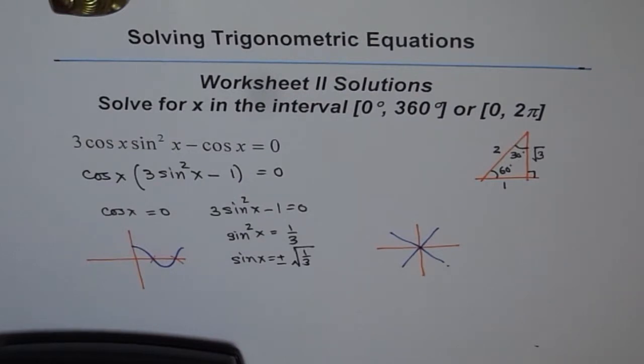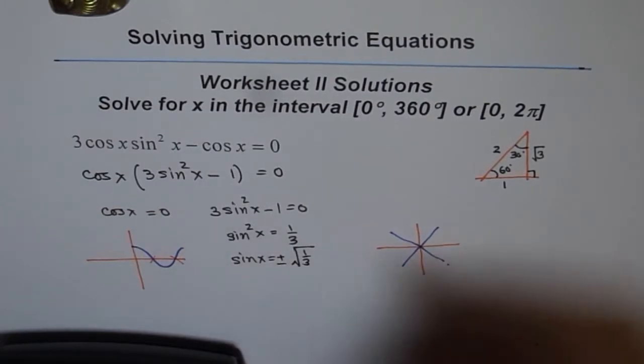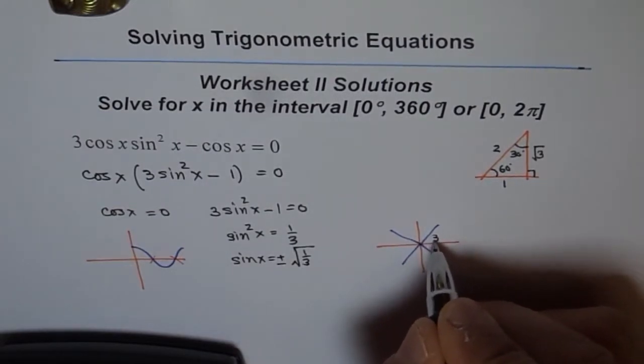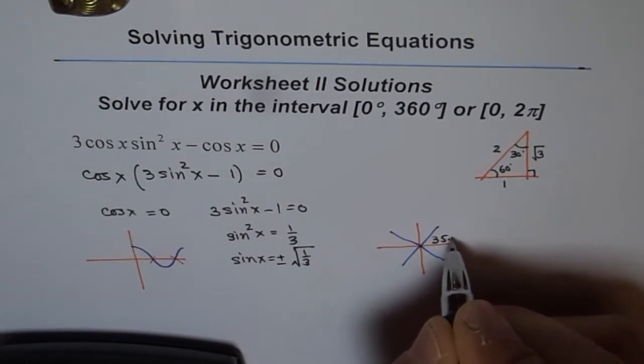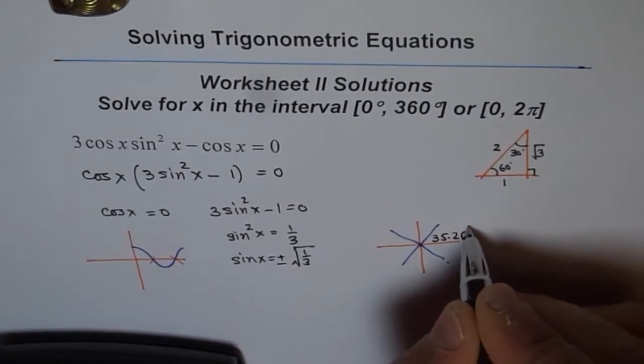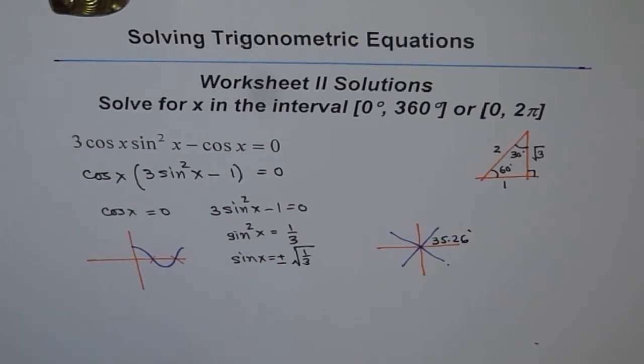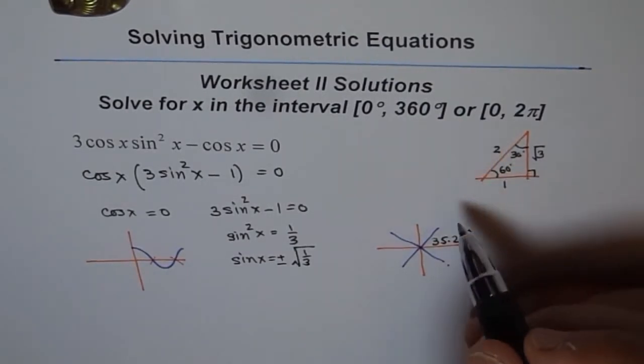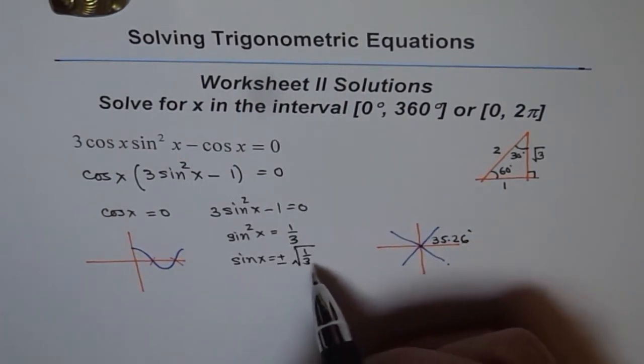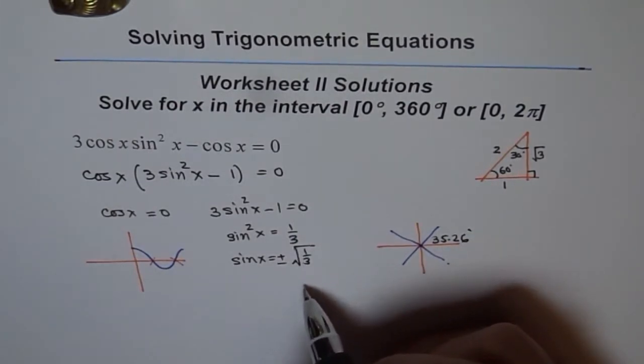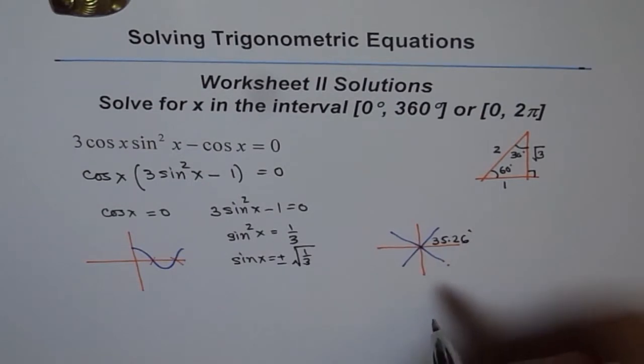Inverse sine equals 35.26. So we get an acute angle of 35.26. That is the acute angle, correct? Well, I got confused. I thought it was square root 3 over 2. Anyway, it is actually 1 over square root 3, and for that we don't have any special triangle. So we use our calculator to figure out the answer.